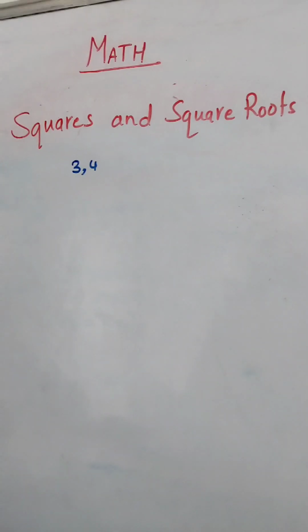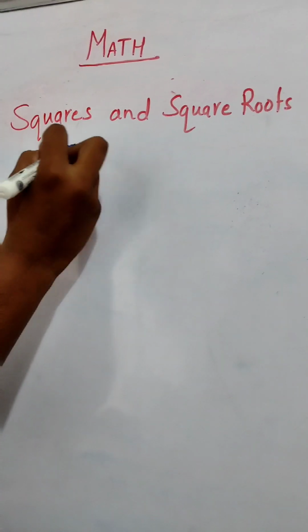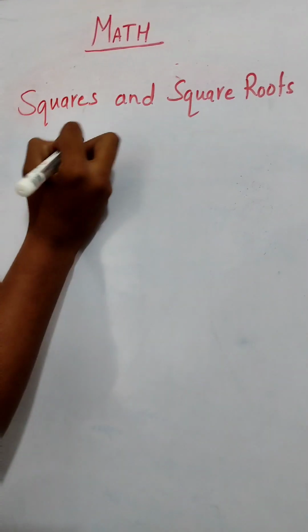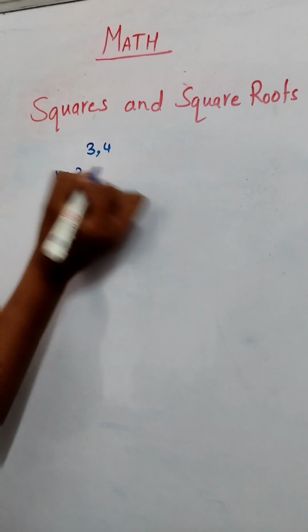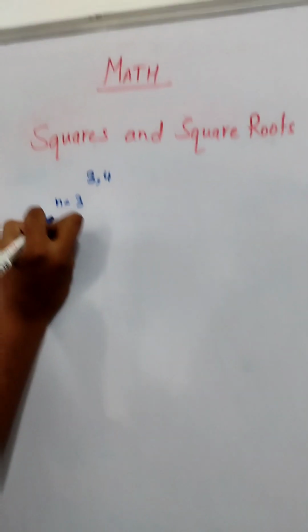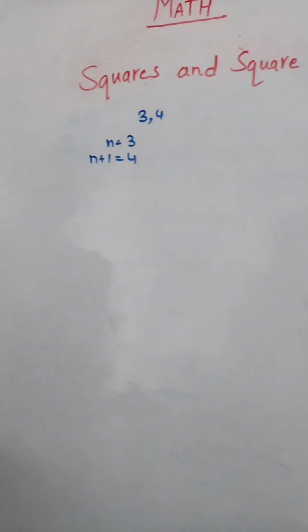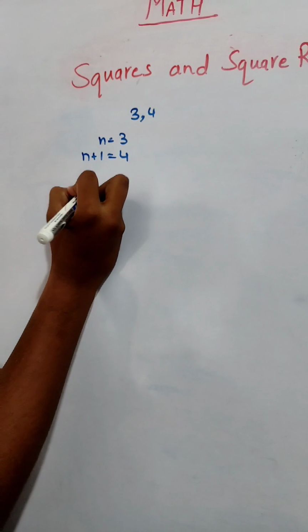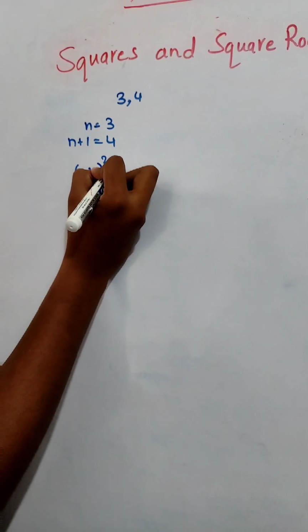First we take the first number as n and the second as n plus 1. So n is equal to 3, which means n plus 1 is equal to 4.